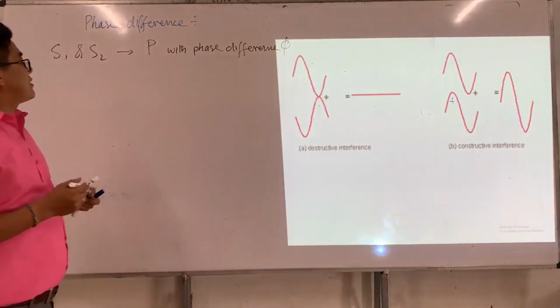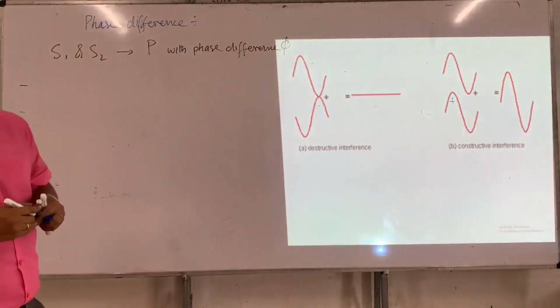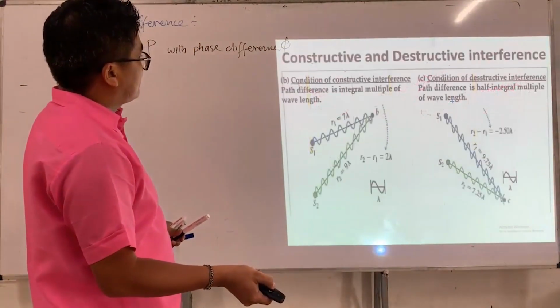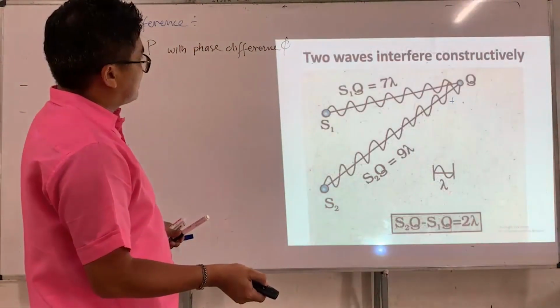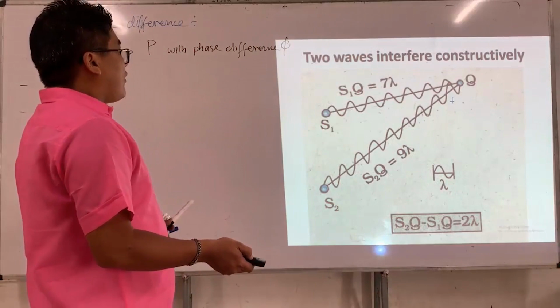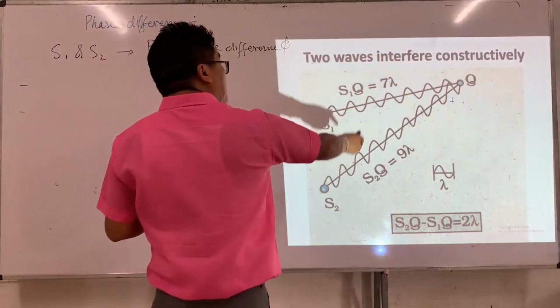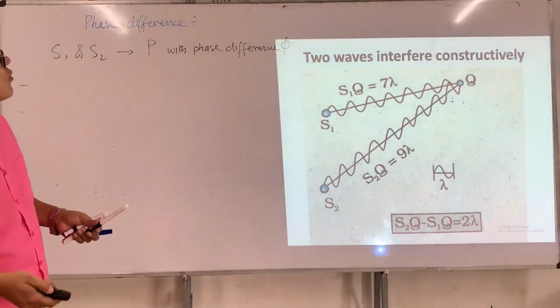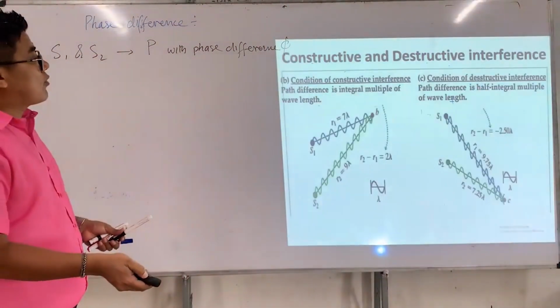This is a phase difference. Alright, so it is something like this. This line from S1 and S2 combined at P with some phase difference, and I say the phase difference is equal to phi. This is how it goes.